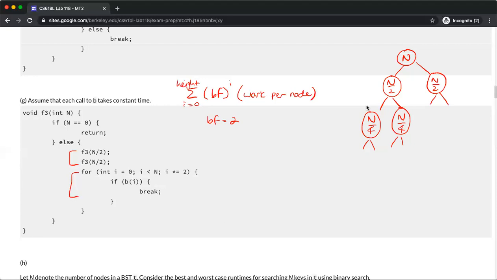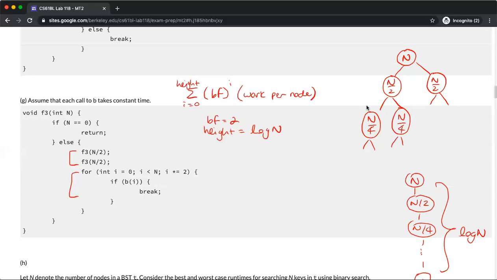The height of this tree is actually going to be log n, for the same reason that n over 2, n over 4, all the way down to 1 is also equal to log n, right?